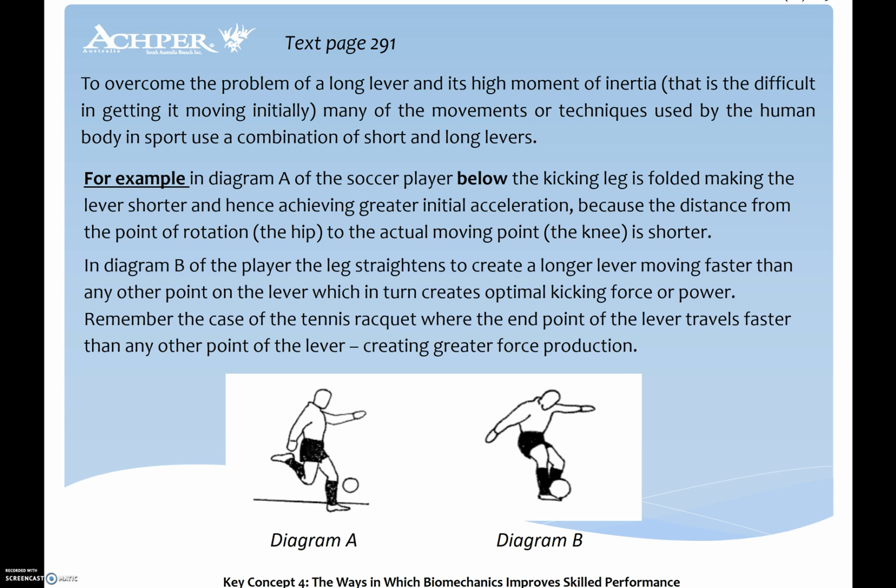In diagram B, the leg straightens to create a longer lever moving faster than any other point, which in turn creates optimal kicking force or power. So remember the case of the tennis racket where the end point of the lever travels faster than any other point of the lever, creating that greater force production.